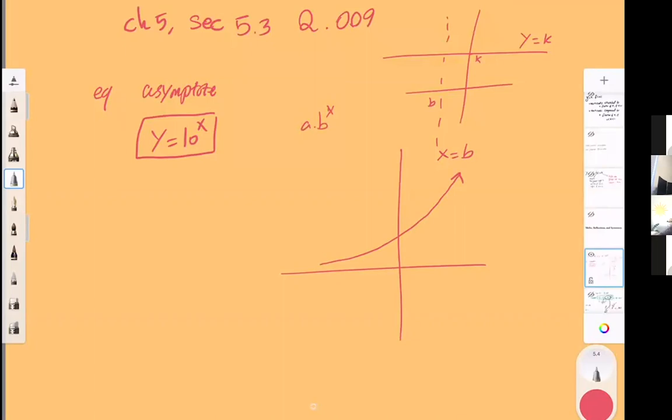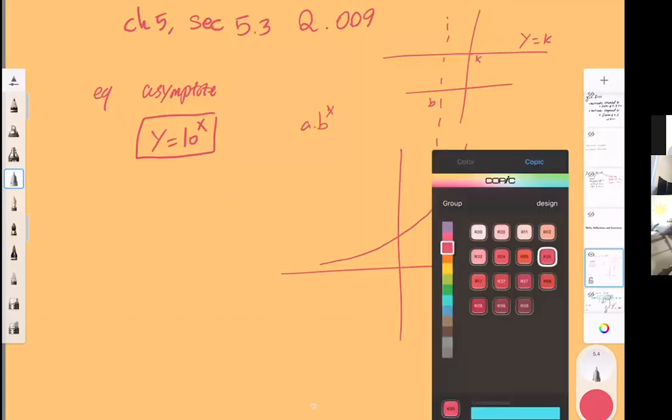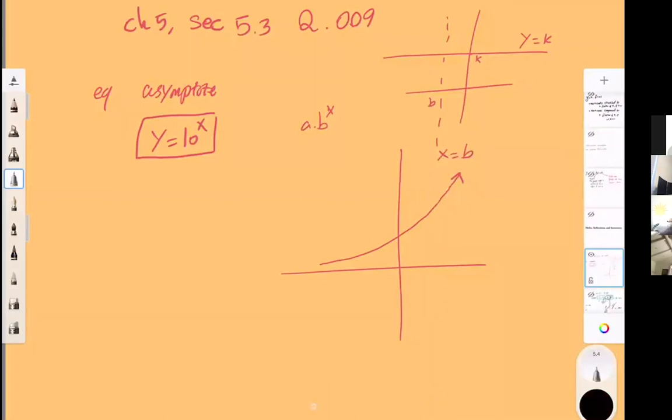Do we have a vertical asymptote? No, there is no vertical asymptote, but we have a horizontal asymptote, which is this one. That means as x goes to negative infinity, y is going to go to 0. So y equal to 0 will be the asymptote.